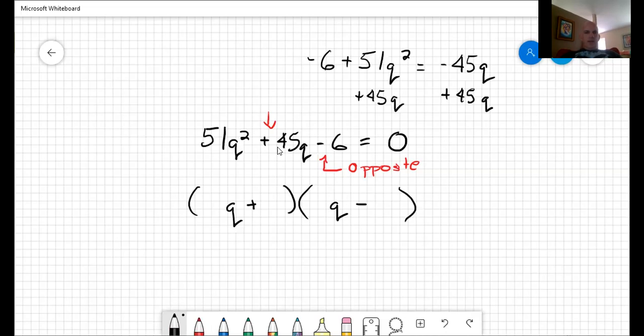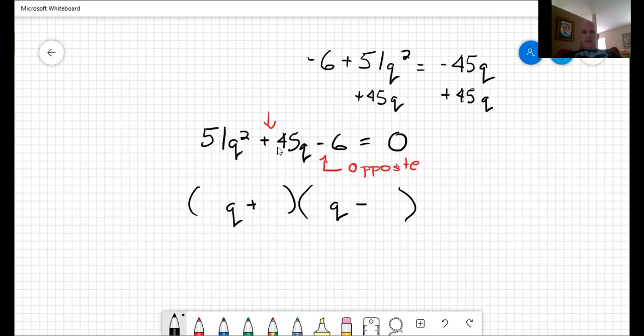So we've got that. Now, this number of 45, I need to get there through subtraction. That's what this second sign tells me. Which means I probably need to use a bigger factor. Well, 51 is a prime number. Actually, not a prime number. It's divisible by 3 as well.